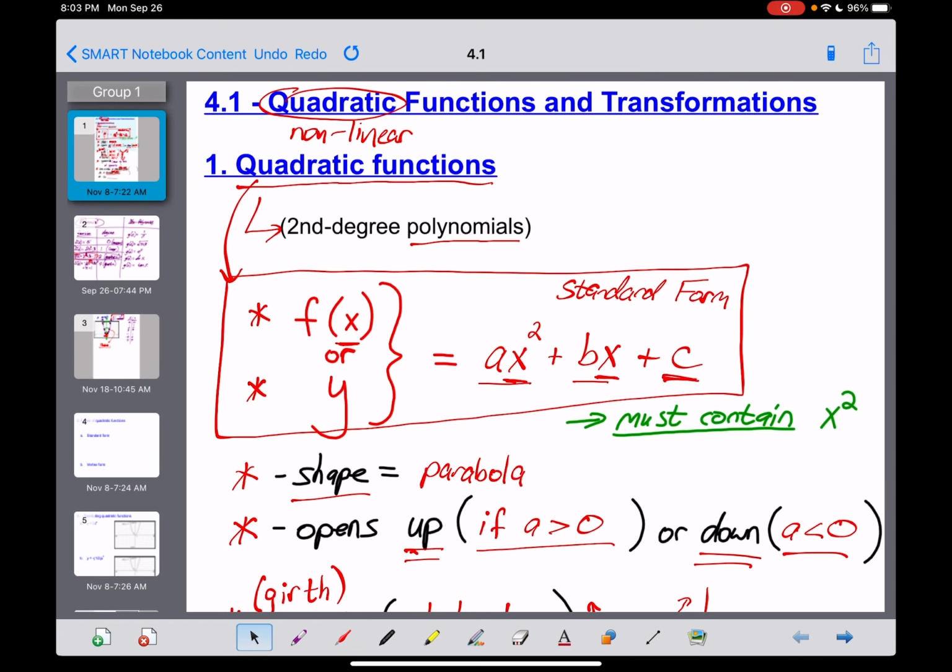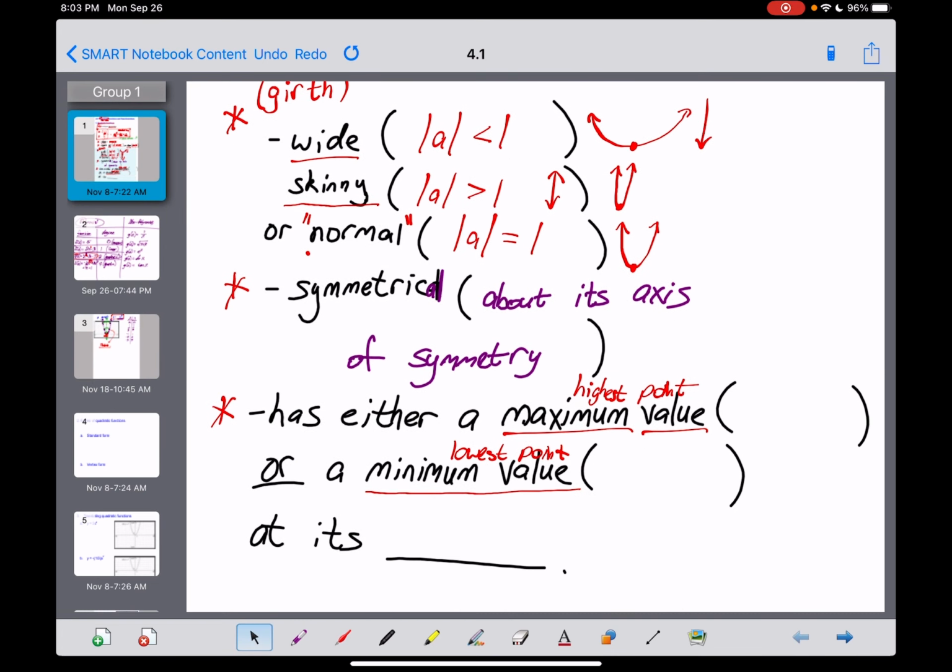So back to this list, here we go, guys. A function has either a maximum value if it opens downward. A downward opening parabola would look like this, and that point right there is the highest point on this curve. Or it can have a minimum value if your parabola opens upward.